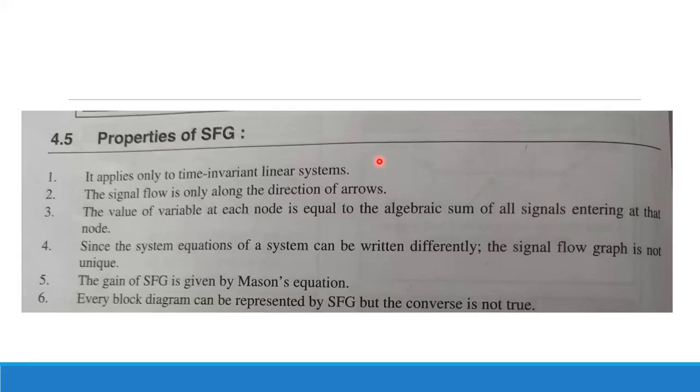There are some properties of signal flow graph, so we'll go through them quickly. It applies only to linear time invariant systems. For such kinds of systems we can use signal flow graph. Signal flow is only along the direction of arrows.